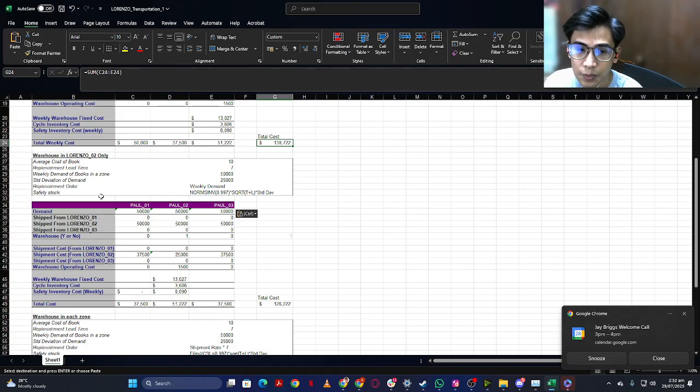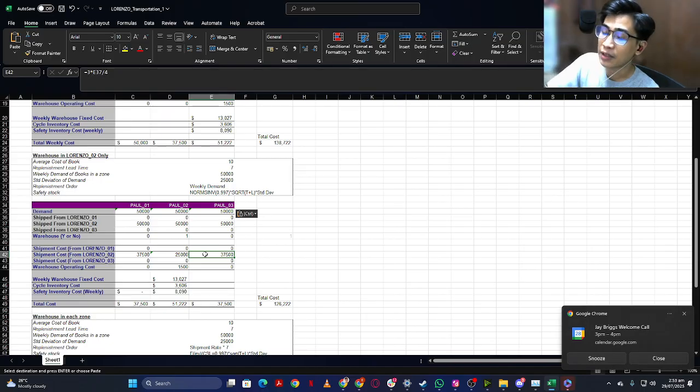For scenario 2, the warehouse is moved to Lorenzo 02 only. In this setup, the warehouse is now located at Lorenzo 2, and the books are shipped from there. From Paul 01 up to Paul 03, let's compute it. Here, 50,000 books times 3 over 4 gives us 37,500. For Paul 2, 50,000 books times 2 over 4 is equal to 25,000.